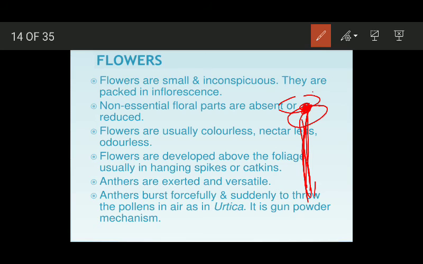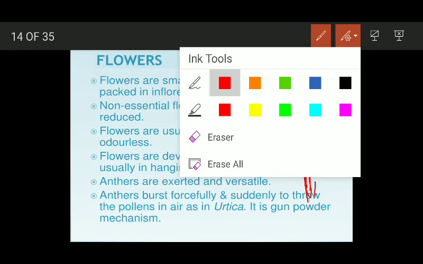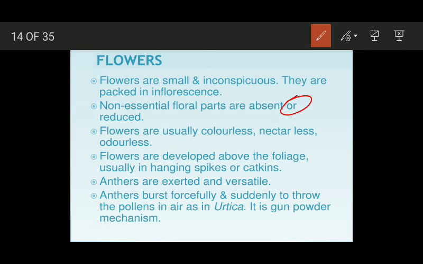Sorry, I will make it more clear. This is the point of attachment of the filament. This is the filament, this is the anther. When the filament is attached right in the middle of the anther, this point of attachment allows the anthers to move freely. This is what versatile means.